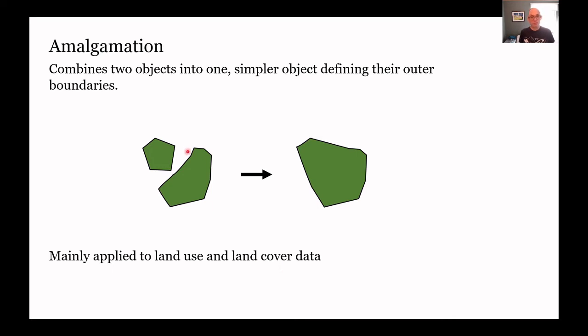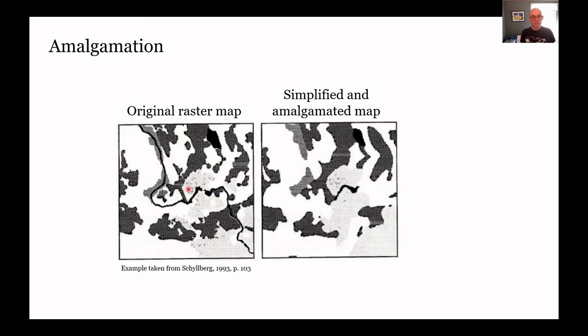We tend to try to at least use the outer boundaries of the existing objects, and just bind them together across here. Keep the external edges, remove the internal edges, so they become one object. And we can get something similar in a raster format as well.